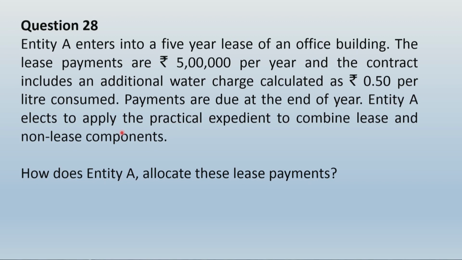They are mentioning that the lessee, Entity A, elects to apply the practical expedient to combine the lease and non-lease components. Even if the entity is willing to use this practical expedient, it will not be possible to ascertain the amount, because whatever will be payable towards water charges will depend upon the consumption of water on a year-to-year basis.